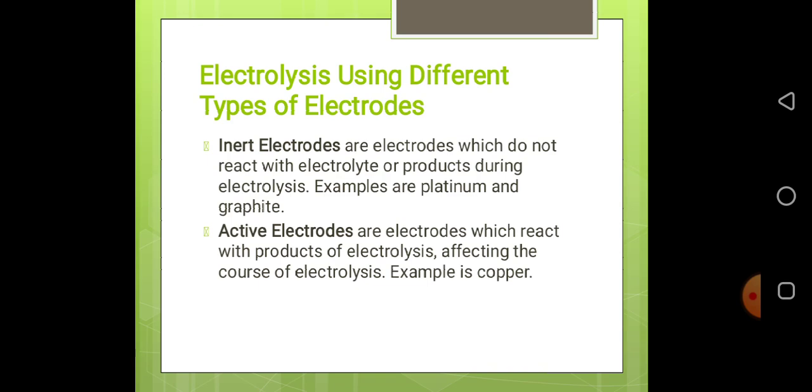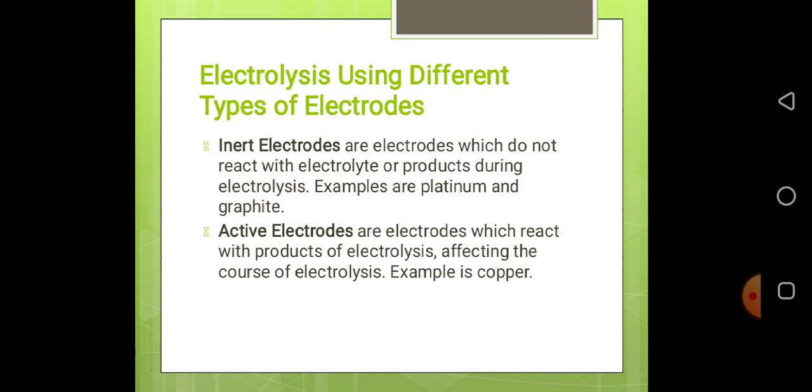So in chemistry, when we say inert gas, inert are mostly gases. There is group 8 in the periodic table. We have helium, neon, argon. So these are examples of inert.